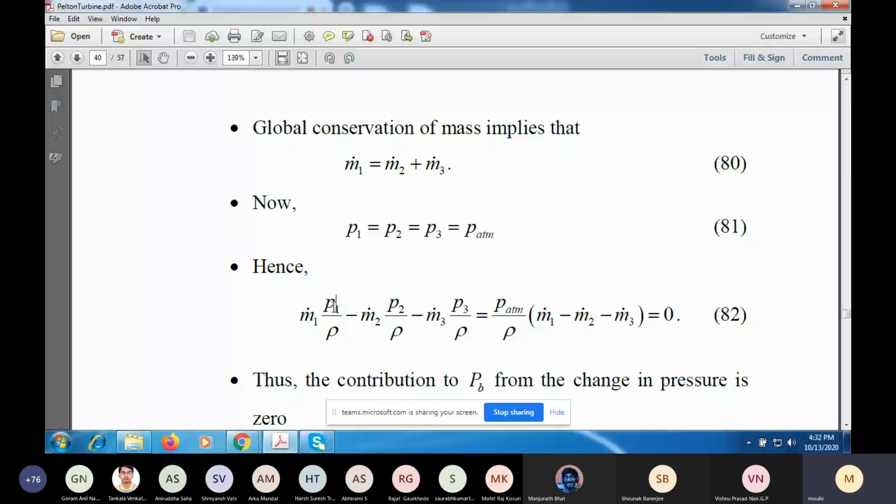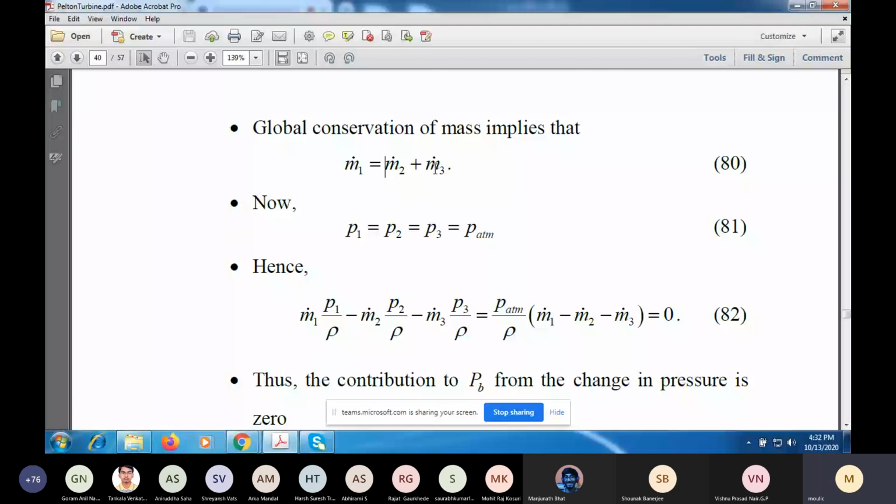So P1, P2, P3 are the same, so I can factor it out and write outside this parenthesis P atmospheric by rho. And then you will have M1 dot minus M2 dot minus M3 dot. So this will add up to 0 because M1 dot is the sum of M2 dot and M3 dot. So you see that the net flow work is 0.